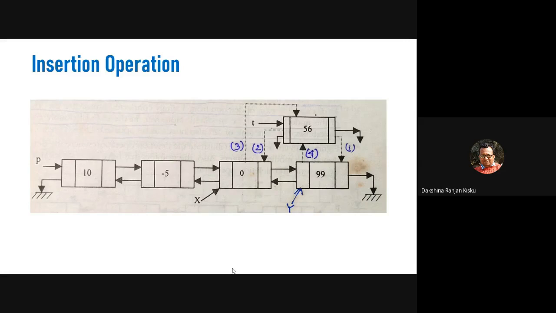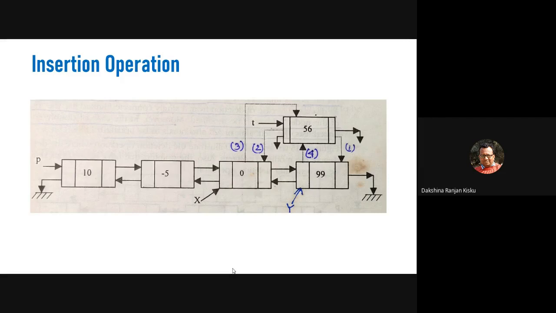Yes, sir. If X right now points to the new node, then the link to the last node will be found to be missing, isn't it? Yes, sir. So this is not the first pointer to be updated. We need to update something else first.